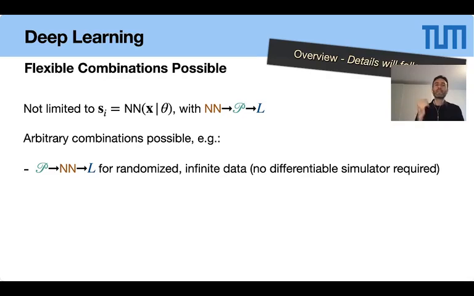Now the solver is more of a data provider. If we have a fast one that's in the training loop, it might still be interesting because we can maybe quickly provide randomized and flexible data to the training process. But in this case, we don't need to differentiate through the solver.